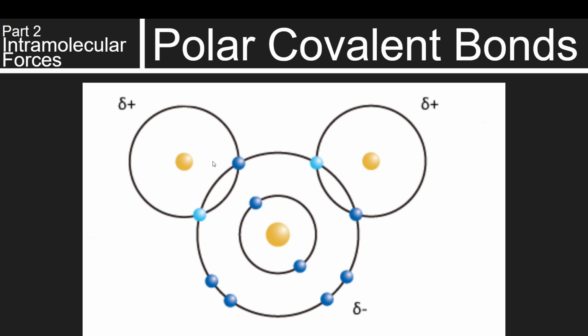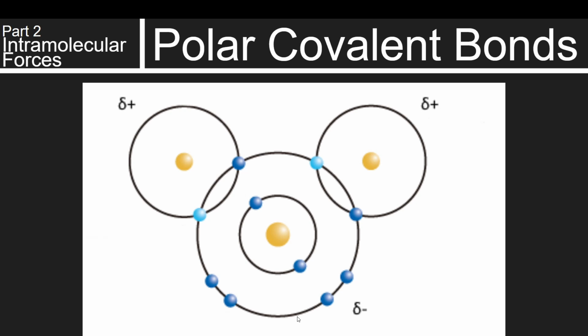So all the electrons are clustering towards the oxygen, and so you actually have like half an ion, if you want to think of it that way. You have a partial positive charge on these edges of the hydrogens, because there's not a uniform distribution of the electrons. They're all clustering towards the oxygen.